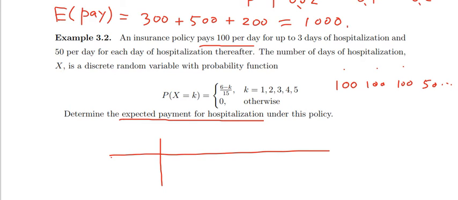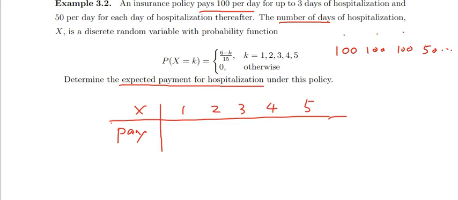Okay, so the number of days is X. This number of days can be 1 day, 2 days, 3 days, 4 days, 5 days, right? So let's say the payment. For 1 day it is 100.